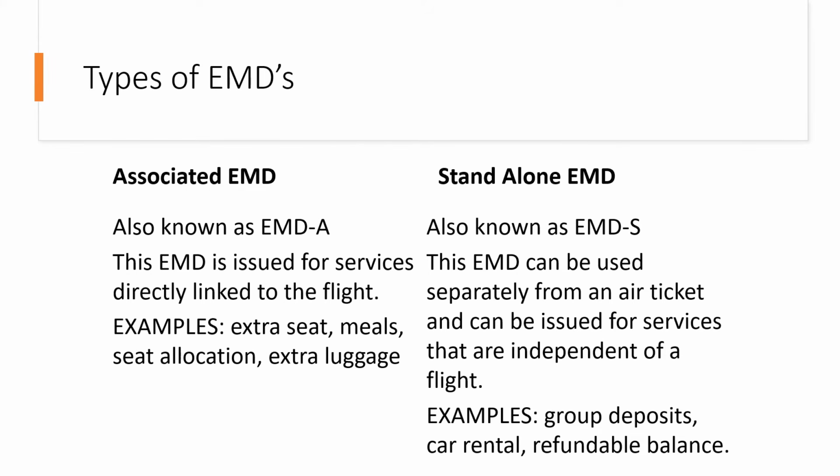Now, as I've said earlier on, we have two types of EMDs, which are EMDA and EMDS. What does EMDA stand for? It means Associated EMD, and EMDS means Standalone EMD. What do we mean by EMDA, or Associated EMD?